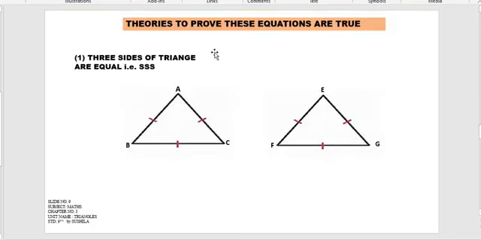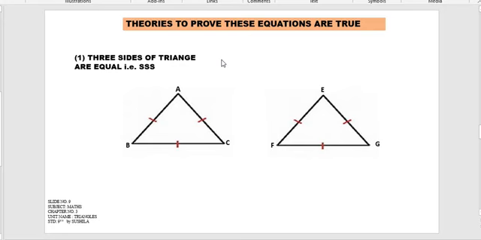Now, to prove this congruency of triangles, there are certain theorems, among which the first theorem is triple sides. Two triangles are given, AB is equal to EF, BC is equal to FG, and AC is equal to EG, right?